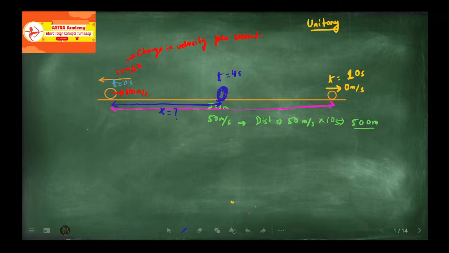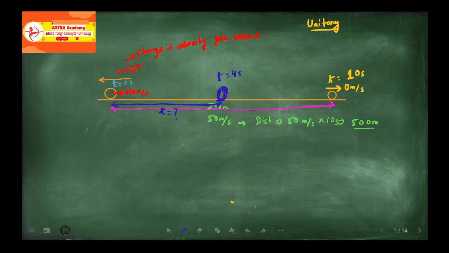Now it can change in two ways. It can be increasing, it can be decreasing. But here it is decreasing the magnitude of velocity. Why? Because it is acting in the opposite direction. And if acceleration and velocity are in the same direction, then it increases the magnitude of velocity. Very important. Now listen carefully.